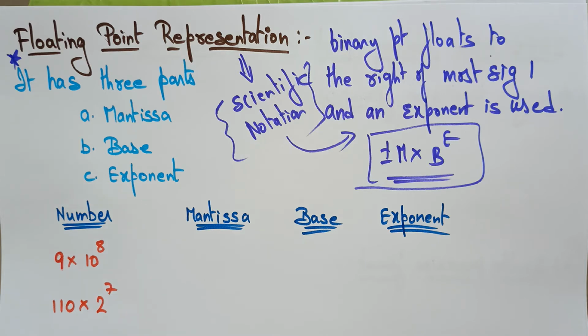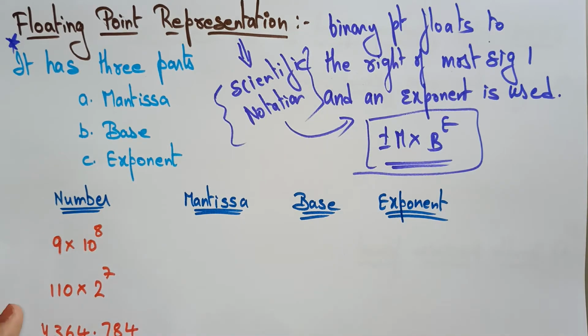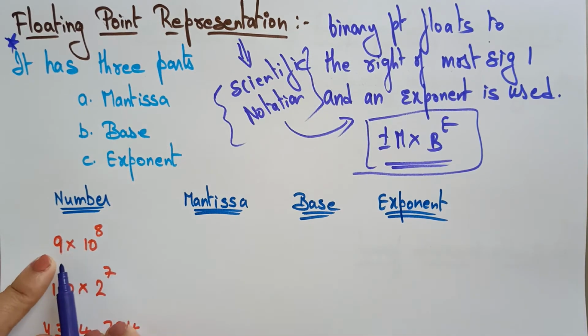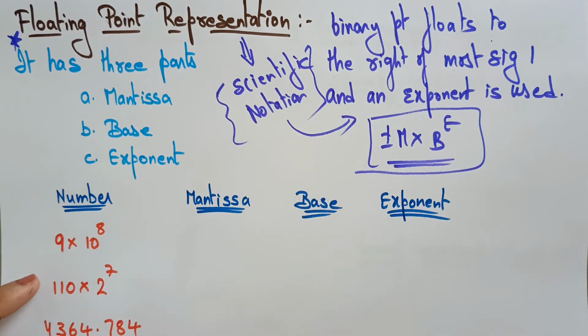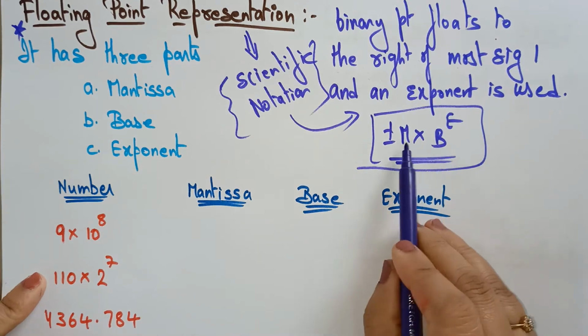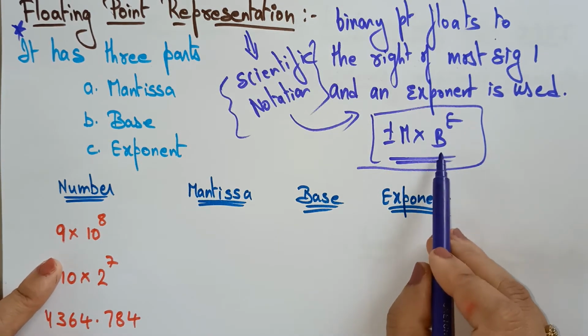Here I have taken some examples of how to represent a number, whether it is a decimal number or a binary number. This number is 9 into 10 power 8. This is already in floating point representation, that is, scientific notation. It is in the form of plus or minus m into b power e, where m is the mantissa.